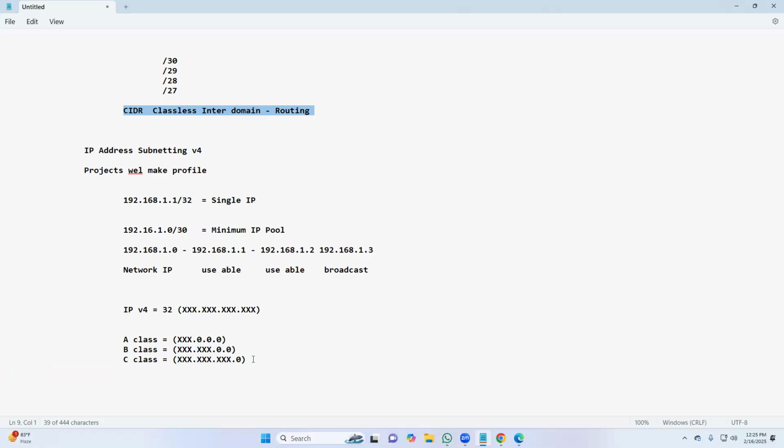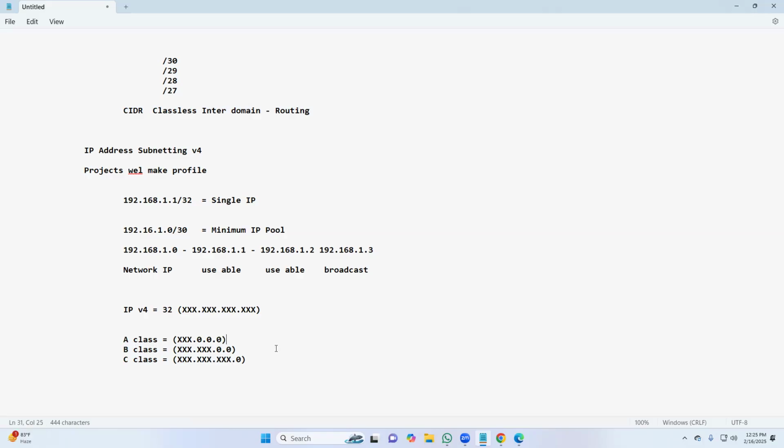We can break any class and use this technique, CIDR, classless interdomain routing. This technique is very popular. We can break any default IP, because here the capacity is fixed for A class, B class, C class, but we do not want to use a big pool.